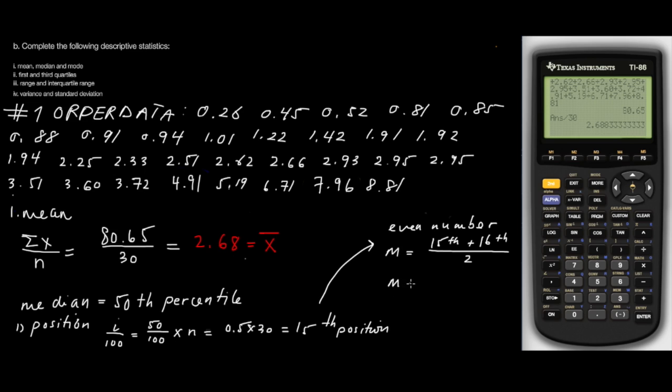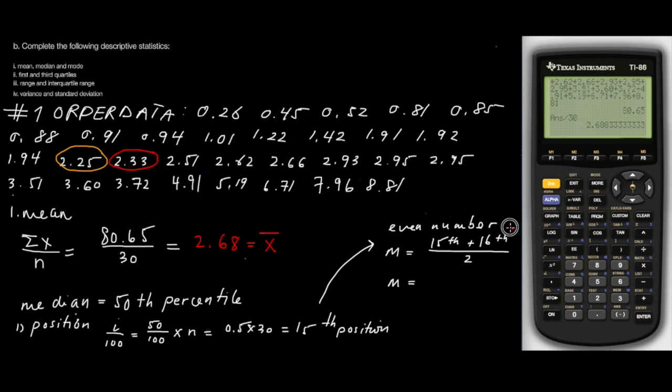So let's calculate what the 15th and the 16th positions are. So we have 1, 2, 3, 4, 5, 6, 7, 8, 9, 10, 11, 12, 13, 14, and 15. Okay, so let's just circle that. So this here is our 15th position, and this here is our 16th position.